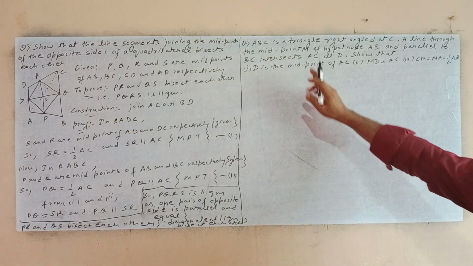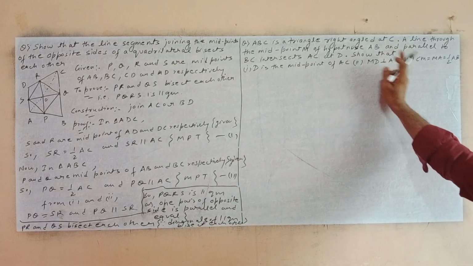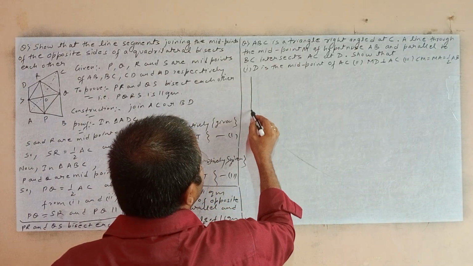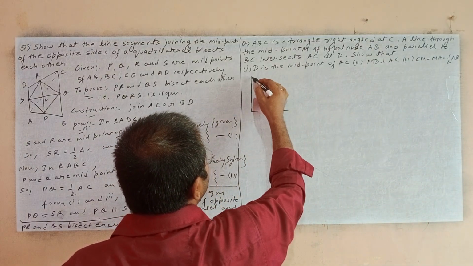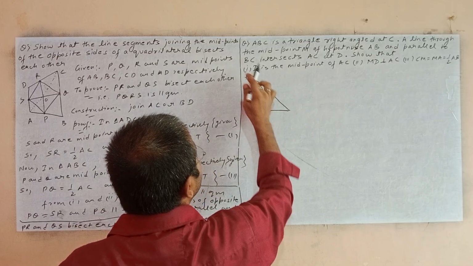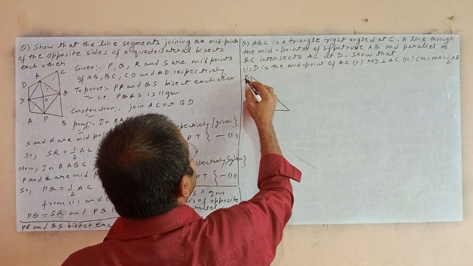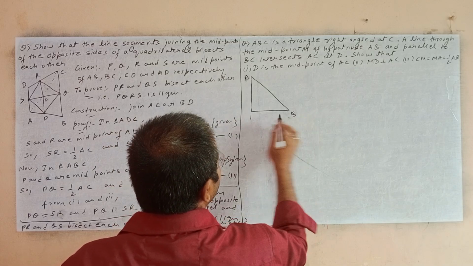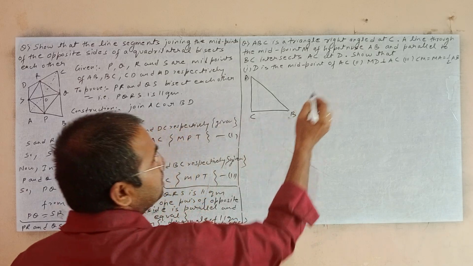The next question says that ABC is a triangle right angled at C. So here ABC is a right angled triangle with angle C equal to 90 degrees.